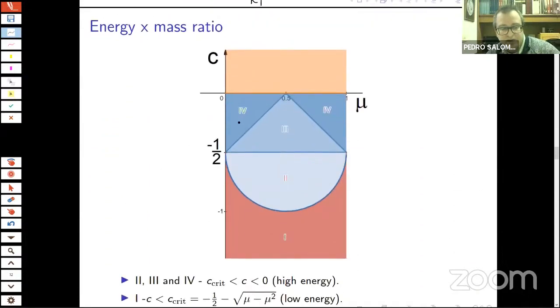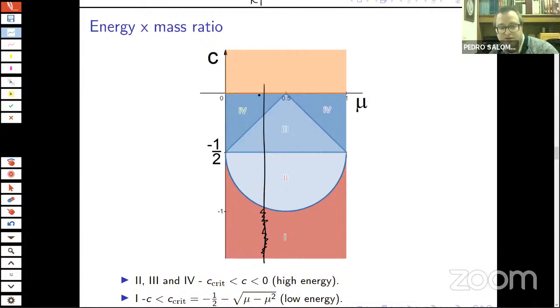So as I said in the beginning, we have this parameter mu, which is between 0 and 1, which is the mass ratio. We have to consider it. So let's suppose that we fix the mass ratio, and see what's happening when we change the energy. When we have low energy, we have two components, and it doesn't matter so much.